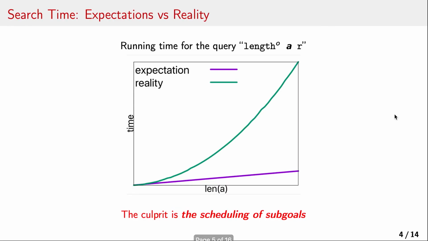If we investigate this example in detail, we can find that the reason for this overhead is the process of identifying the next sub-goal to evaluate during the evaluation of the stream.